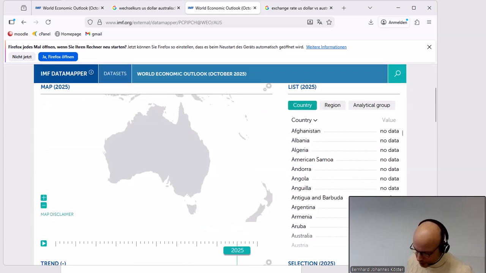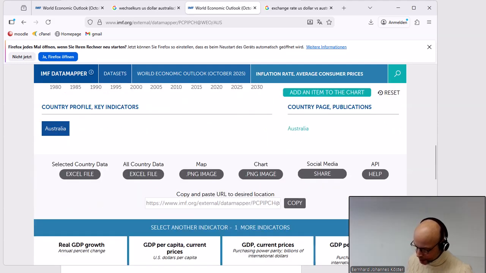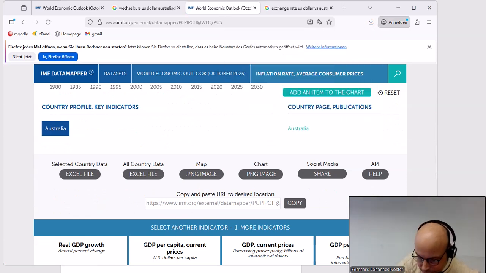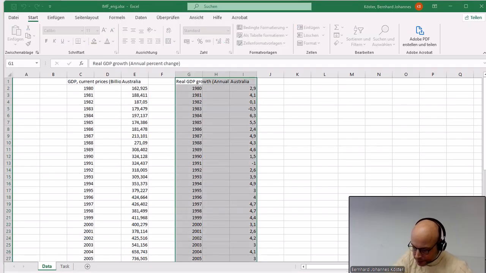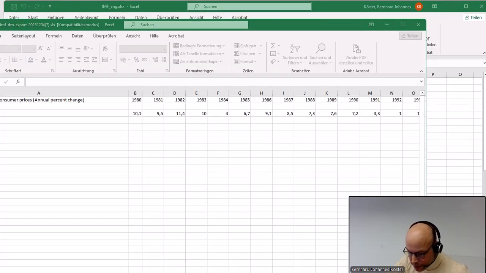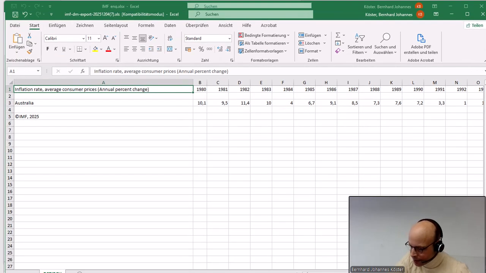So country Australia is also already chosen, and download data. Inflation rate. Please also always check that you have downloaded it, because sometimes you have other things within the cache of your browser, so check that you really got the right data.